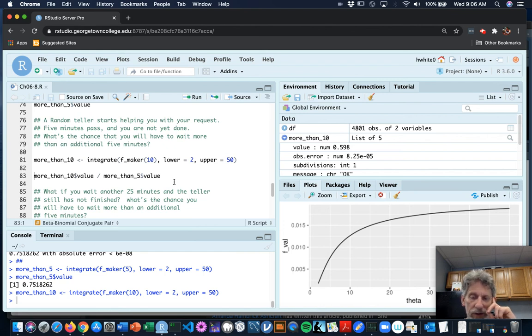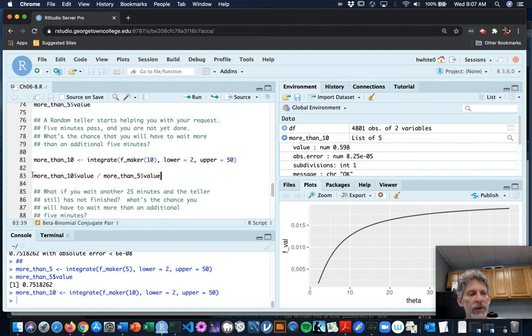We think that's conditional probability: probability of A and B divided by probability of B. The probability you wait more than 10 and more than 5 is the same as the probability you wait more than 10. Then you divide by the probability that you wait more than 5.